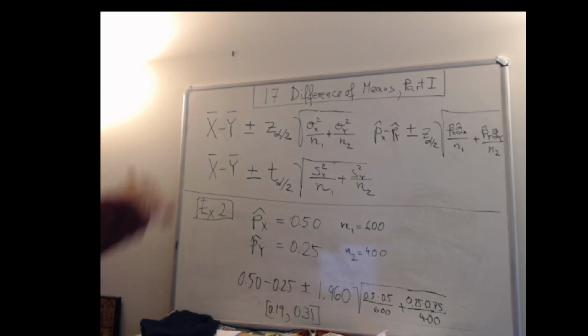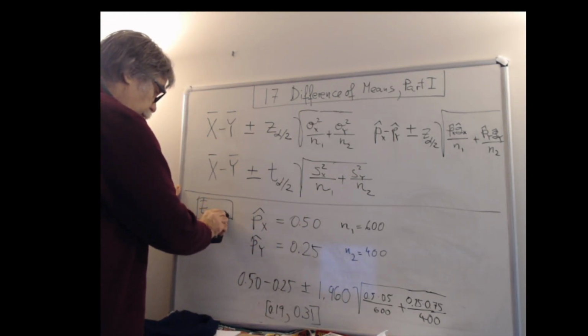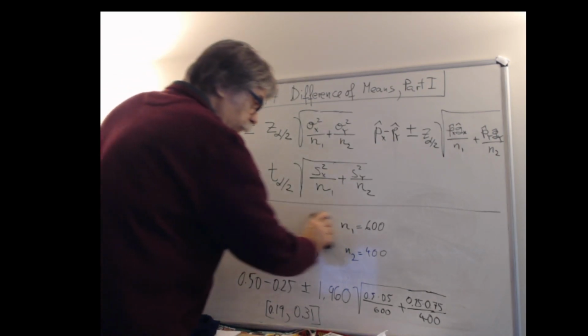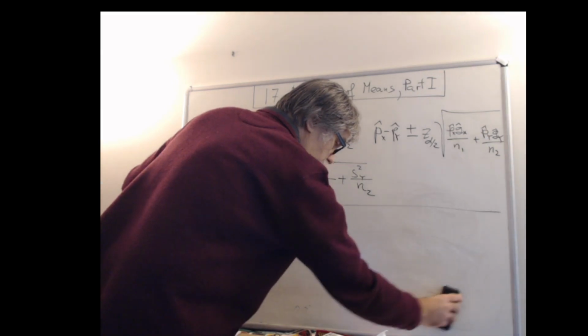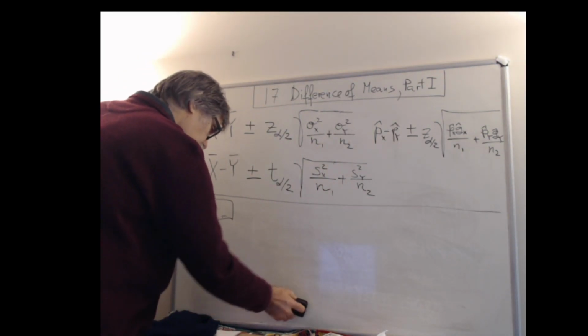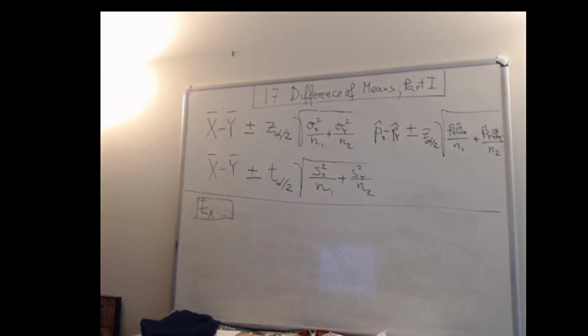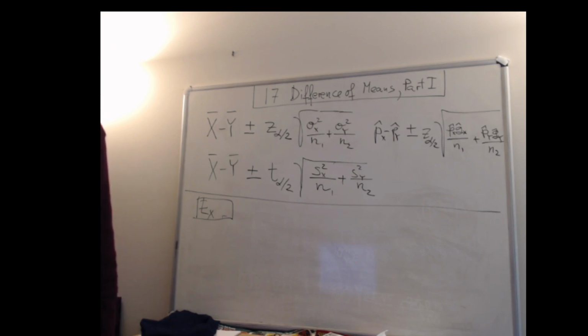Okay, so example number 3, also from the lecture on the blackboard, lecture number 17. So you're gonna read that example if you don't follow what my story is here.